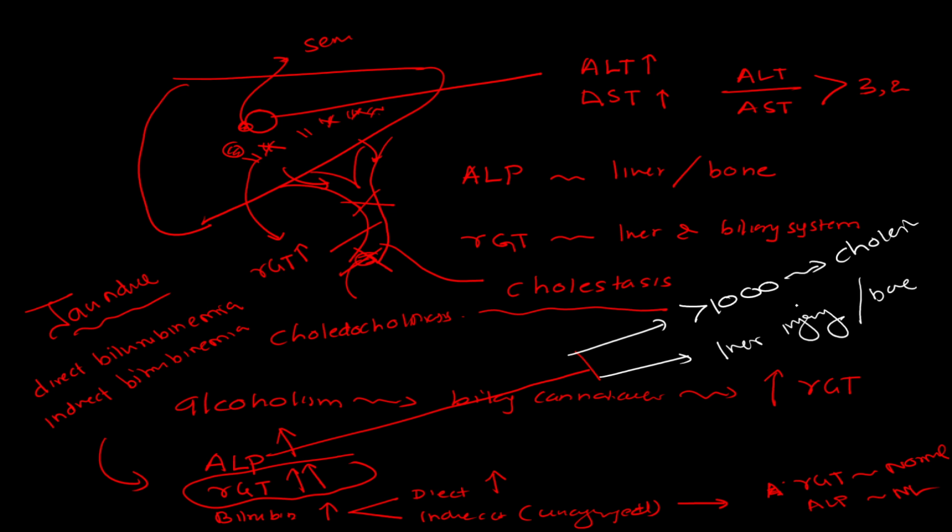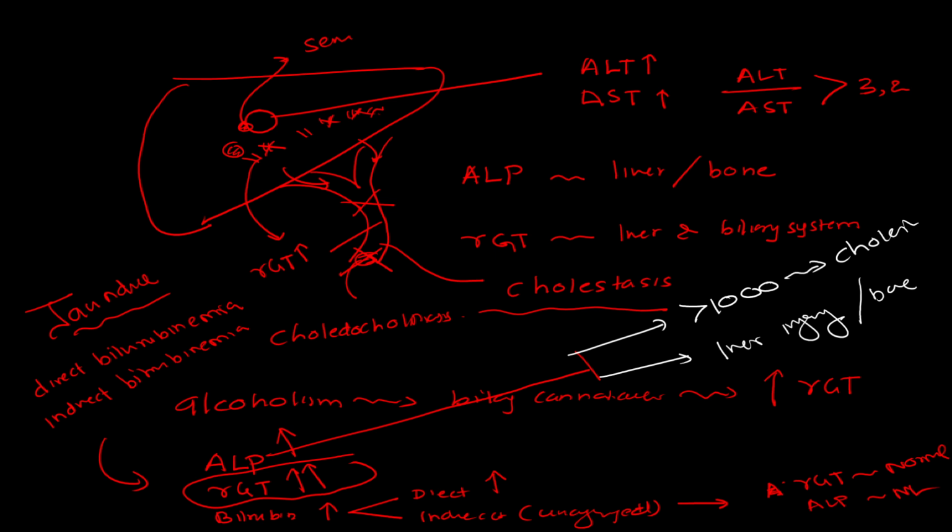So again, I'm not going to relate much of the information about ALP, but it's just that it can be elevated but not very specific. But once gamma GT is elevated, we can come to a conclusion that there is a higher possibility that there might be an obstruction in the biliary system.